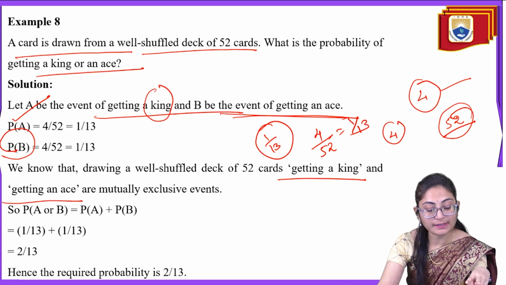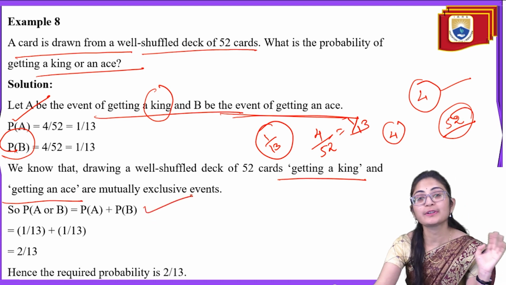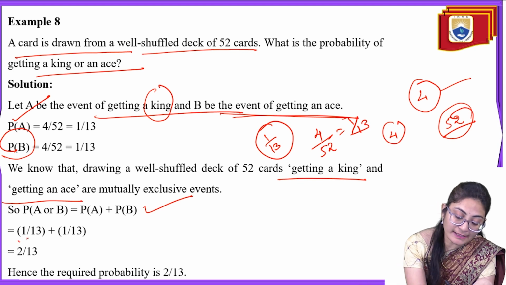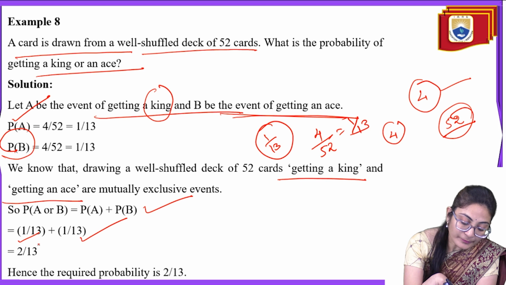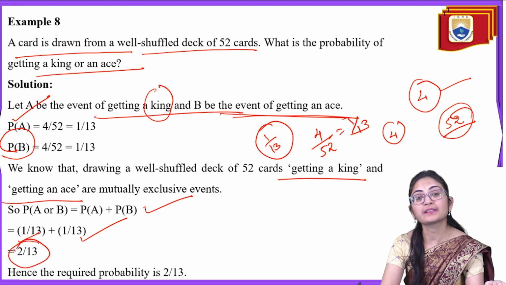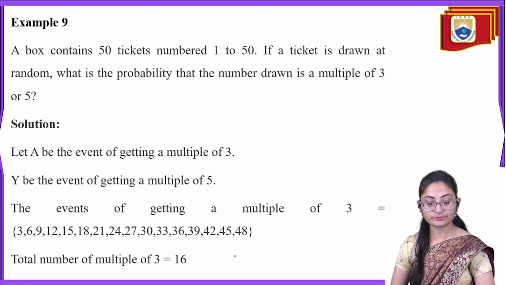So P of A or B is equal to probability of A plus probability of B. Probability of A is 1 by 13 and probability of B is also 1 by 13. After solving, you will get 2 by 13. So the required probability is 2 by 13.